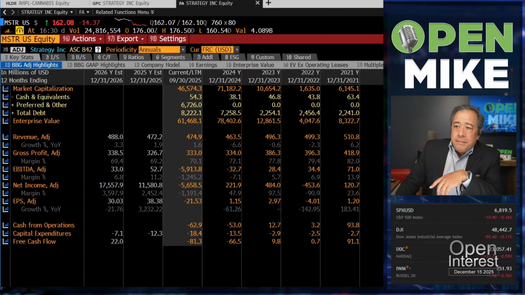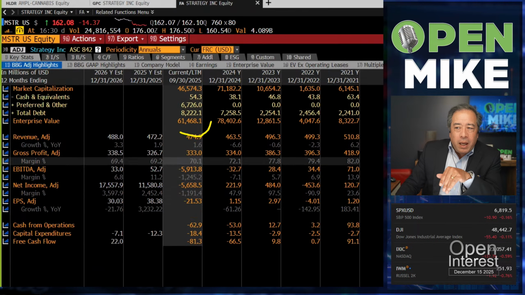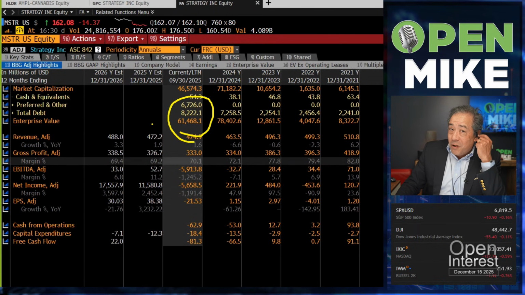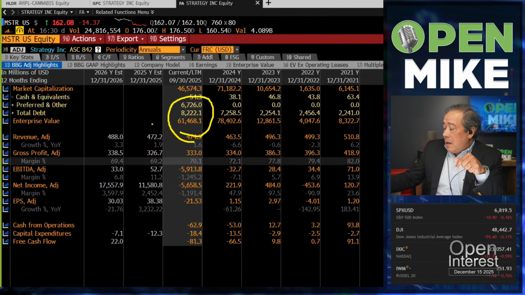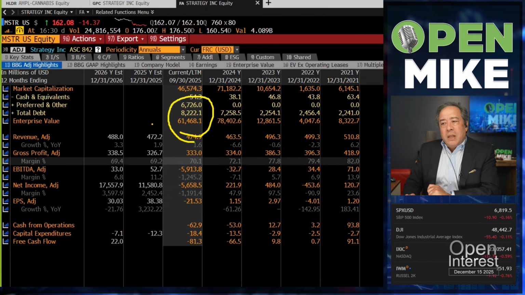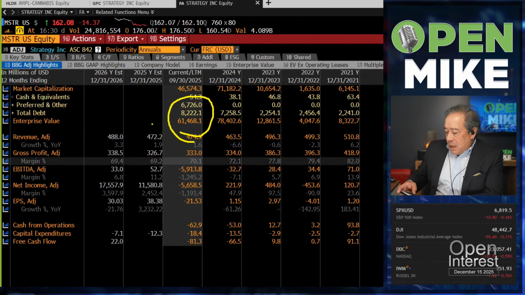So you should expect the volatility to be about that much higher. But I don't think it's going to get that much cheaper relative to Bitcoin. Some people might be looking at this number, and that's not entirely a reasonable way to think about it, because all of these convertible instruments are not convertible right here. But even if you did, that would be the most conservative approach you could take. Even then, that's 61.5 versus 56.